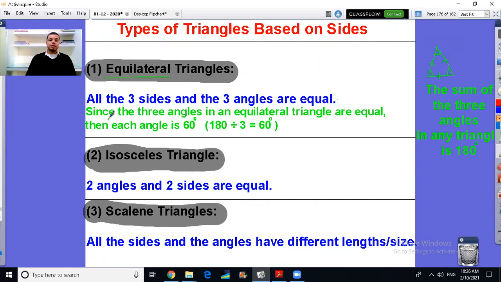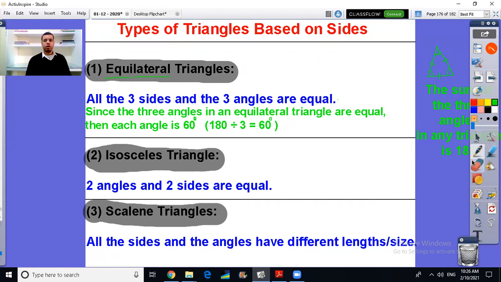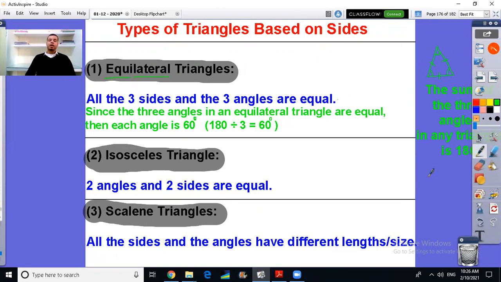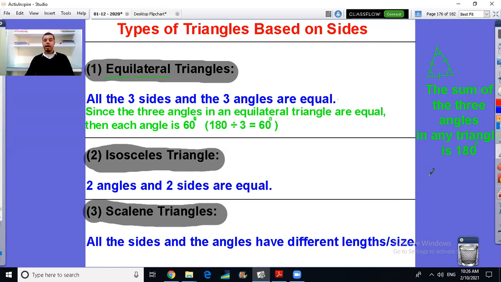All right, good. Since the three angles in an equilateral triangle are equal, each angle is 60 degrees. How do we know this? You should also know that the sum of the three angles in any triangle, as written over here, is 180 degrees. If you add the three angles of any triangle, they give you 180 degrees.